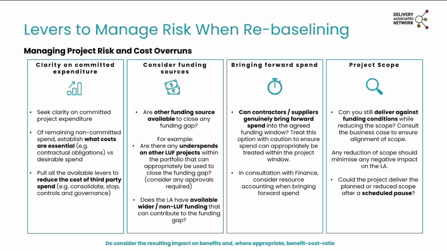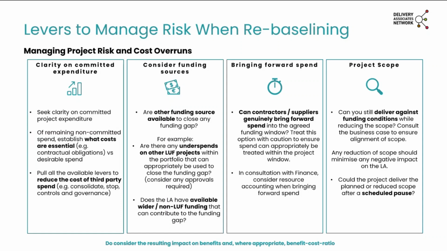When rebaselining budgets, there are a number of levers that you might be able to take to help to manage your project risk. So one of those is seeking clarity on your committed expenditure.